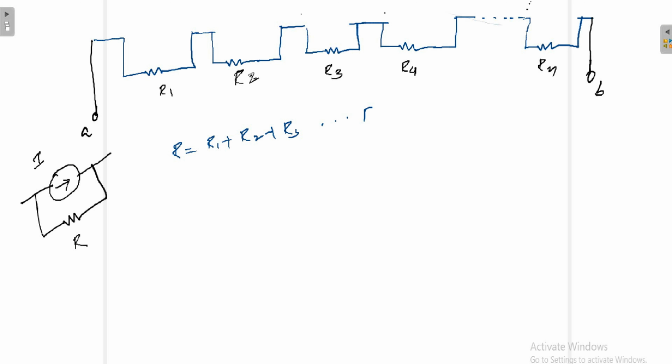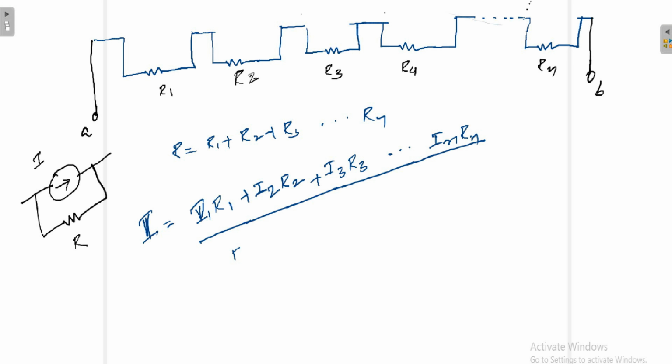From this we can conclude that I is equal to I1 into R1 plus I2 into R2 plus I3 into R3 through In into Rn, divided by R1 plus R2 plus R3 through Rn.